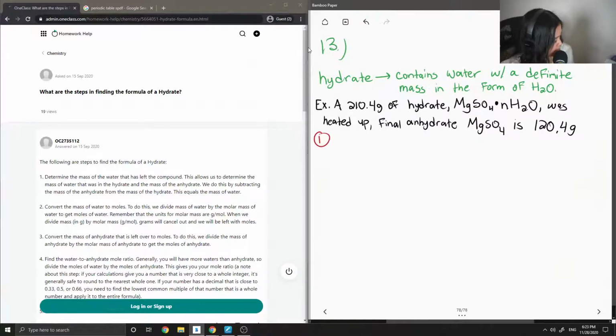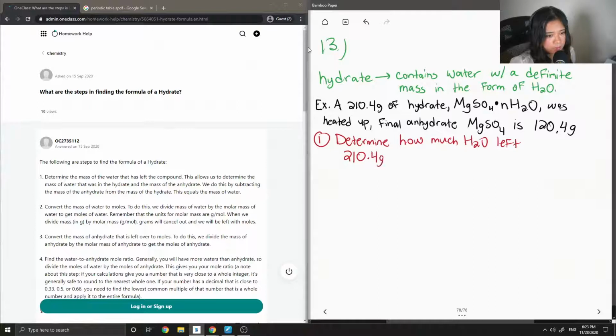So step 1 is to determine how much H2O is left, well, how much of it was removed, I guess.